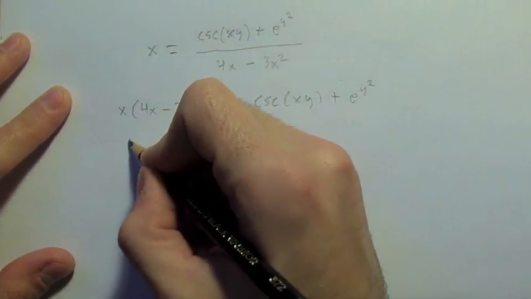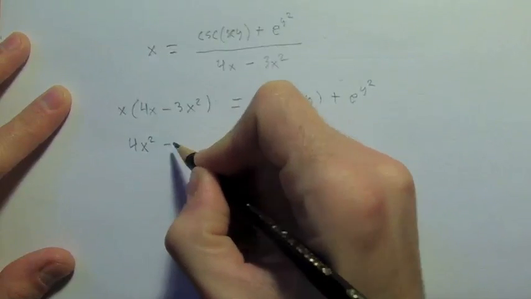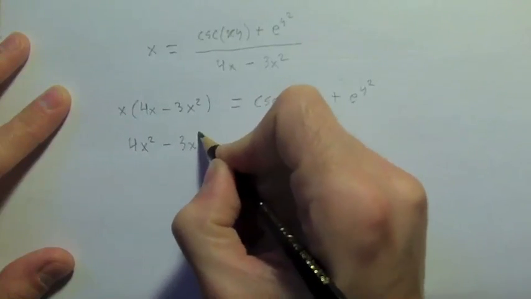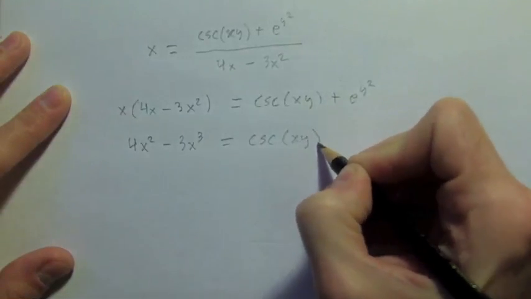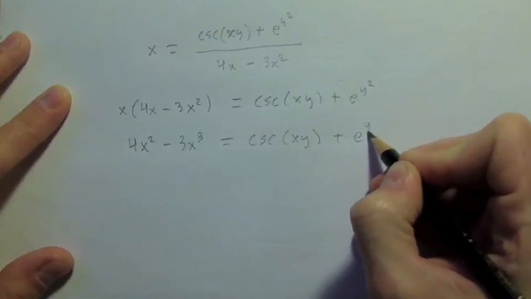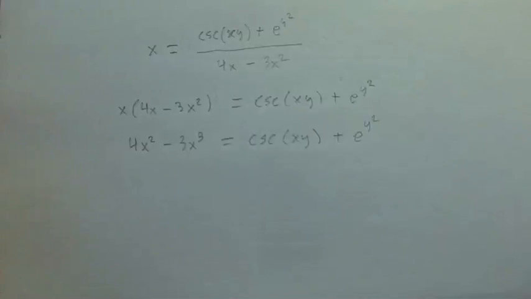Now what I really have is 4x squared minus 3x cubed is equal to cosecant xy plus e to the y squared. And now, no more quotient rule, and it's just your usual implicit differentiation.